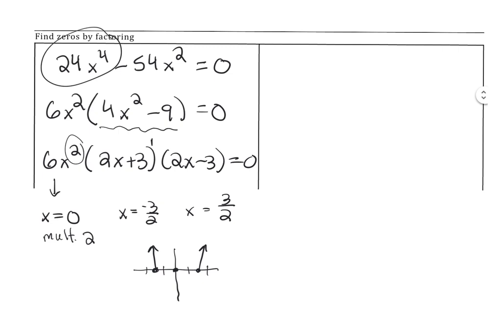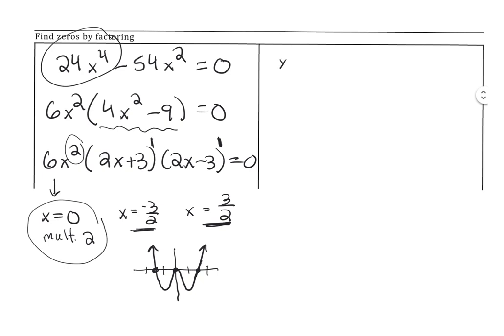These factors have odd degrees, just exponent 1. So at negative 3 over 2, it's odd, so I have to cross. And at some point I'm going to have to turn around to get to the 0. But the 0 has multiplicity 2, so I have to hit this and turn around. And then I come here, odd degree on that factor, so I'm crossing. So there's just a rough sketch of that polynomial.